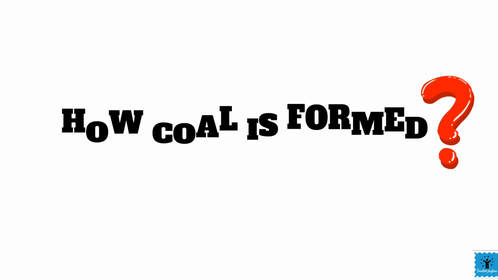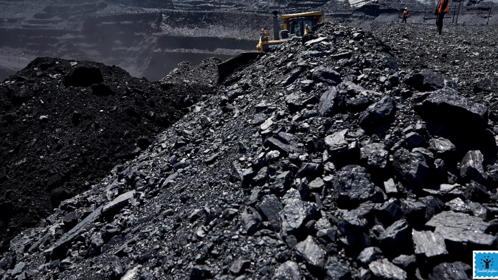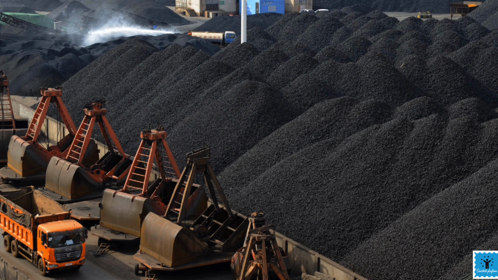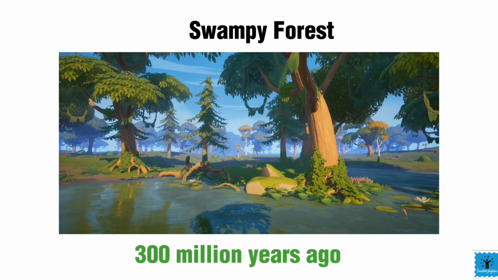Let's take a look at how this coal is formed. We know coal is an exhaustible and non-renewable natural resource. But why? Because the formation of coal takes millions of years. It was formed around 300 million years ago, when the earth was covered with swampy forest.